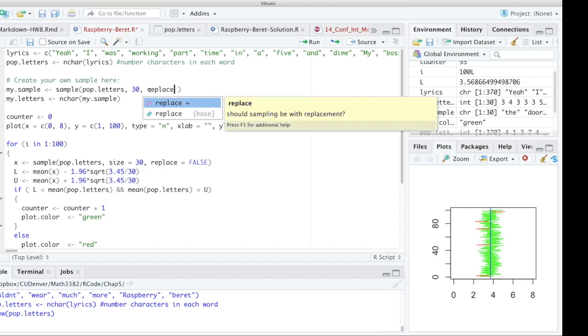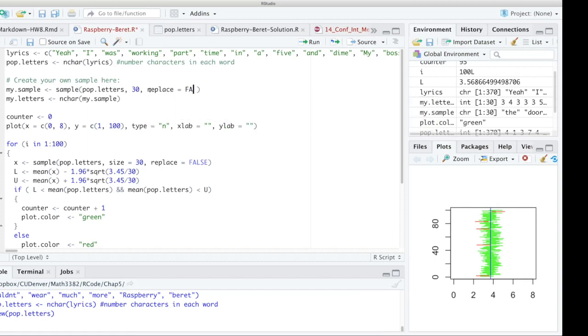It won't matter too much what we do here, but we'll just say replace equals false. So we're going to pick 30 different words, so that means we can't pick the same word again. I could pick "I" twice because "I" appears in the song more than once. So this is going to pick my sample.